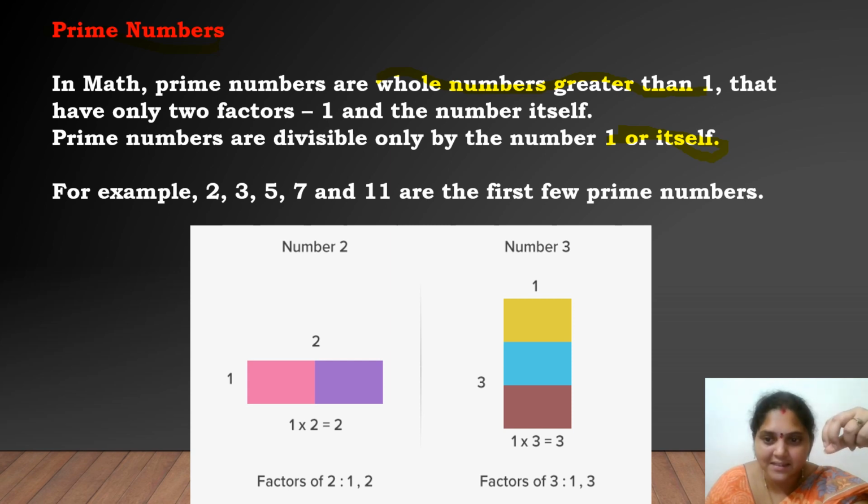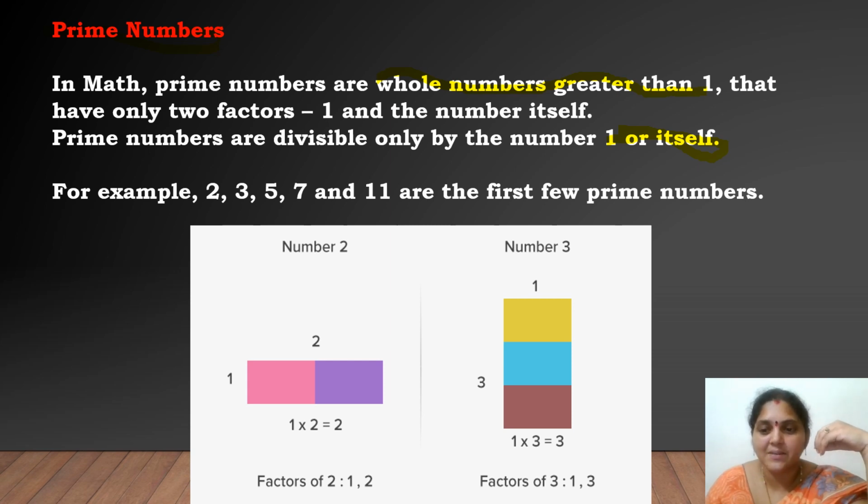So you can see it only in the table of 1 and the table of 2. So 1 and 2 are the factors of 2. Such numbers are known as prime numbers.